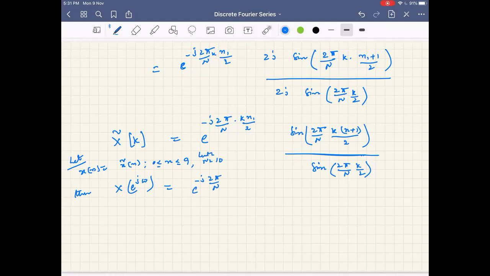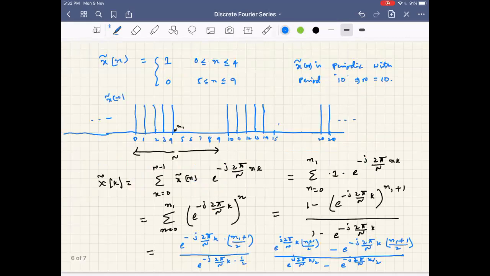Here N is not the period but the length of the signal x of n.